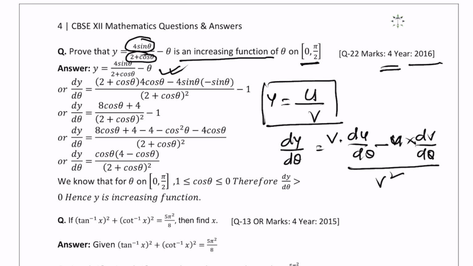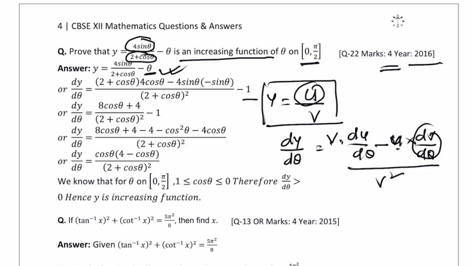So when the expression is in the form u by v, it is denominator into differentiation of numerator minus numerator into differentiation of denominator, by the denominator square. The second term is theta, so minus d theta by d theta, which is 1.